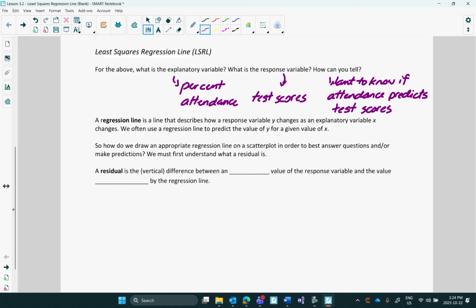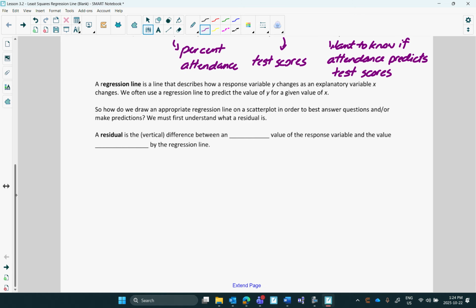It's the vertical difference between an actual value in the data and the value predicted by the regression line. Those are not necessarily going to be the same. The only way they will be the same is if the data value, the point, fits exactly on the regression line. If it doesn't, there's going to be a little bit of a difference between the two, positive or negative.